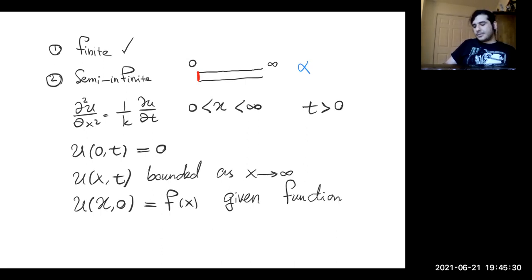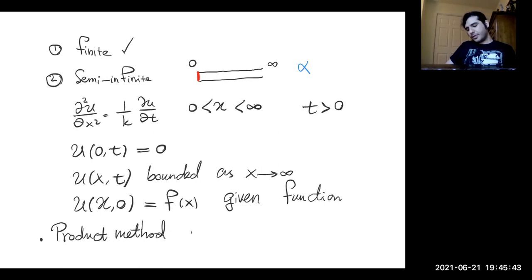And we wanted to solve that. The first steps of the solution are completely similar to the things we've seen before. We would use the product method to assume that we can write u of x and t as a function of x times a function of t.